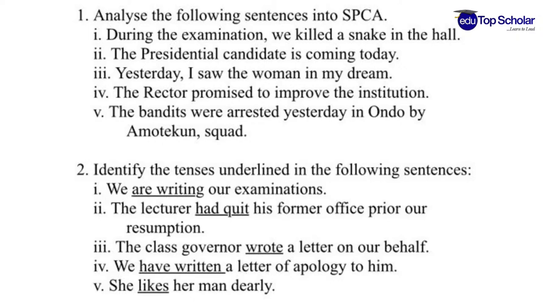Okay, we don't have complement in that sentence. We have SPA. So for number 2, it is SPA. The subject, the predicator, and the adjunct. So the subject, the presidential candidate, then is coming, the predicator, then today, the adjunct.